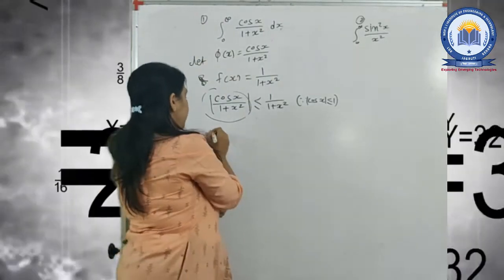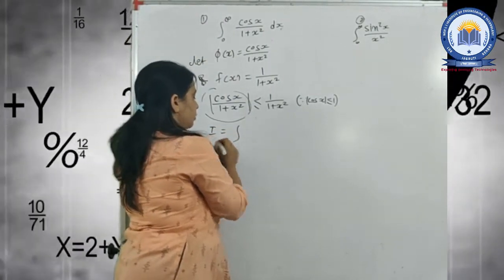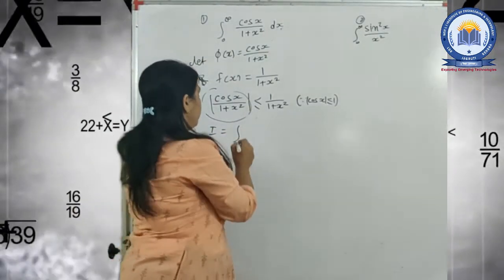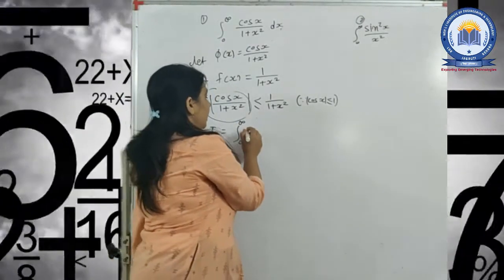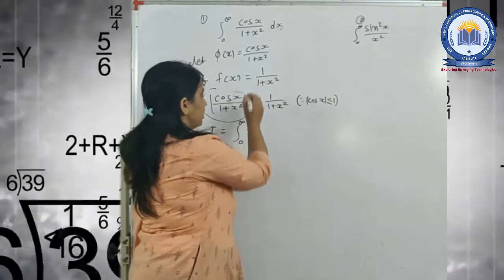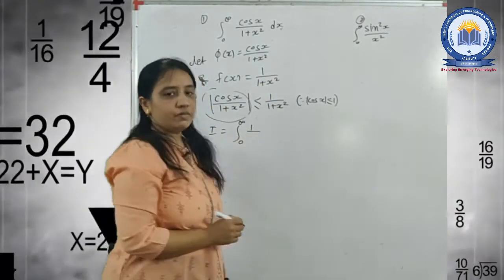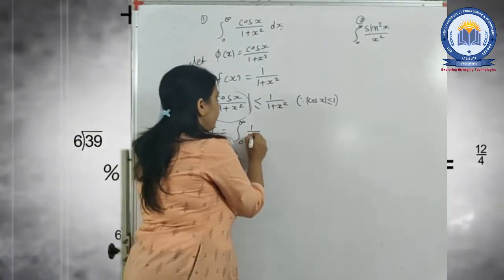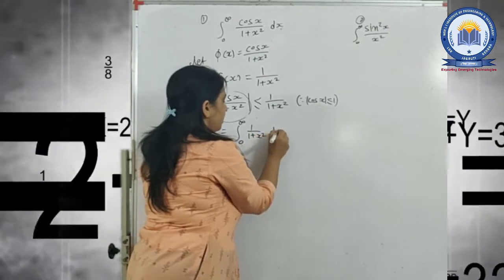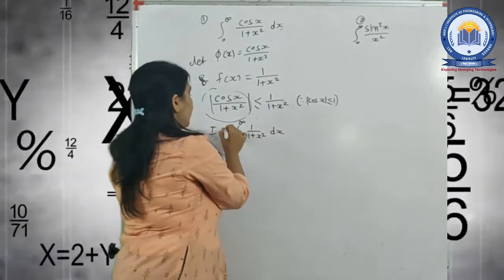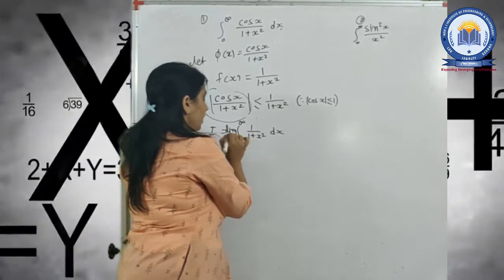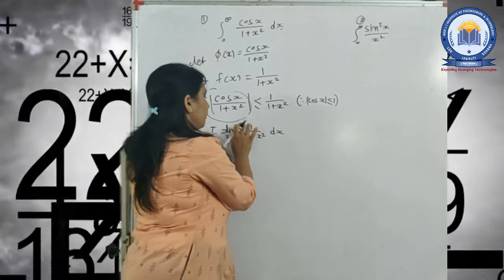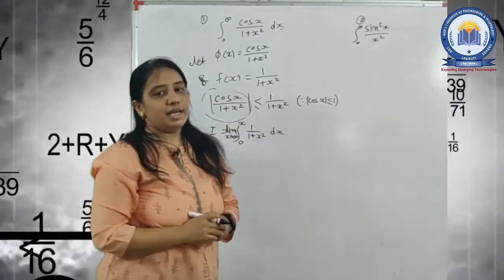So let I equal integration 0 to infinity fx dx. Instead of fx, we'll write 1 upon 1 plus x square dx, and before that we'll write limit x tends to infinity, and instead of infinity we'll write x.